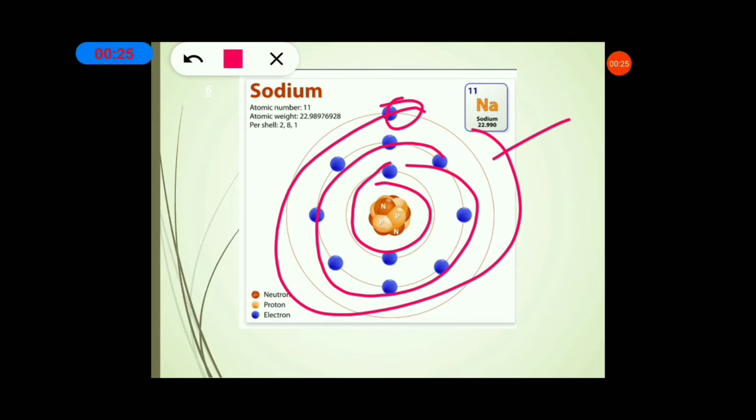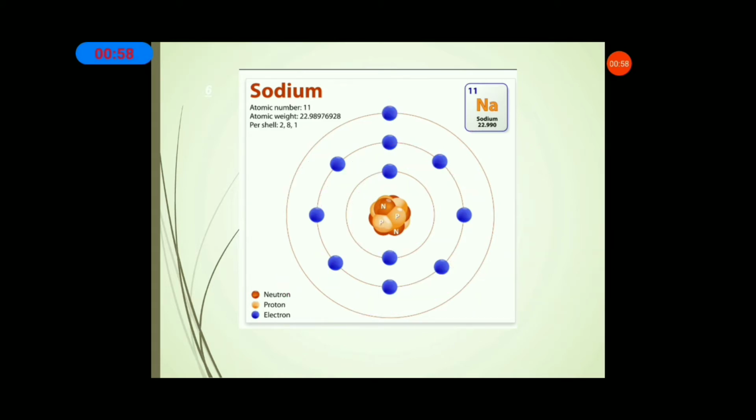On what basis are these electrons filled? In one shell it is not possible for all 11 electrons to revolve. Reason? There will not be enough space. Electrons are charged particles. If they want to revolve, they need enough space. So there is no space, so electrons are distributed in an atom in different orbits.